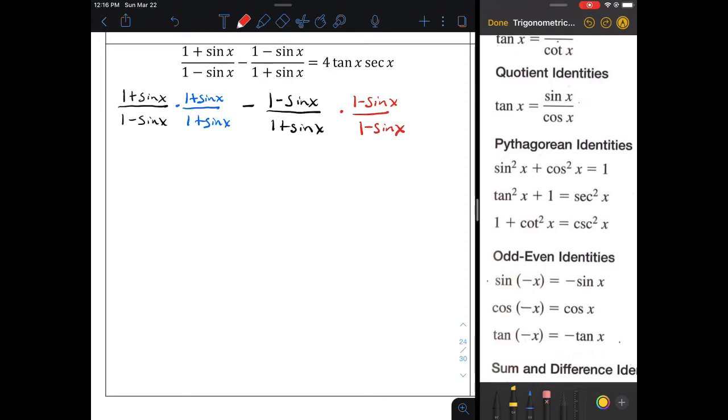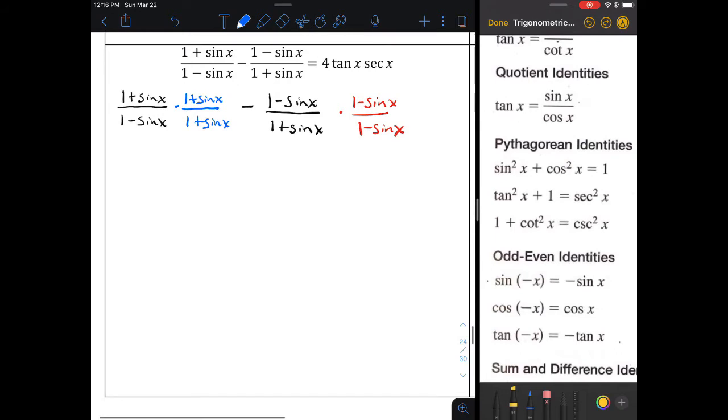Now, I have to multiply out the numerators. I'm not going to multiply out the denominators just yet. I'm going to leave that for maybe a step after, if I need it. We kind of have to see how this problem goes. So I multiply out the numerator for the fraction on the left. That's going to give me 1 plus 2 sine x plus sine squared x, and that's going to be all over 1 minus sine x times 1 plus sine x.